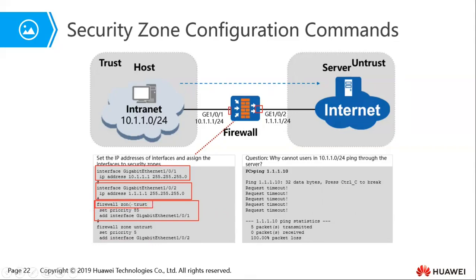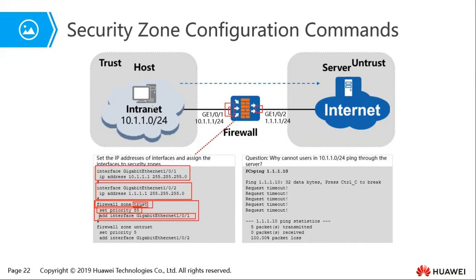So firewall zone, then we give it the name trust. Then we set the security level. To set the security level, you use the command set priority, with the value 85. Then you add an interface into that zone by using the command add, then the type of interface, then the name of the interface. So we are adding this one to the trust zone.